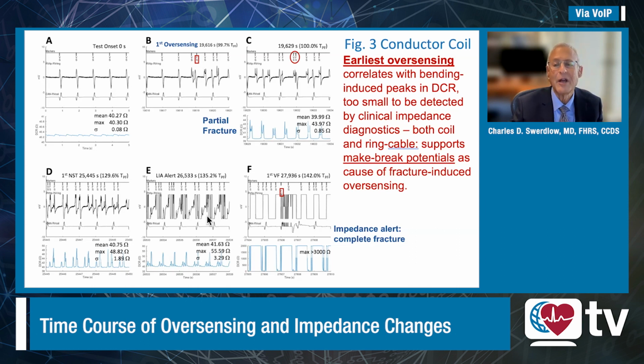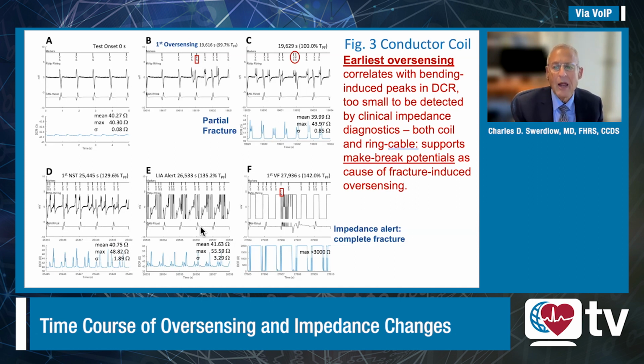So I think one key takeaway message that we've learned the hard way over the years, but that this paper provides the mechanistic support for, is an approach that says we should replace leads at the first sign of fracture-induced oversensing.